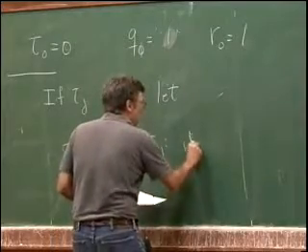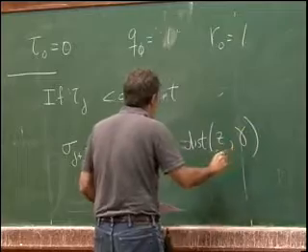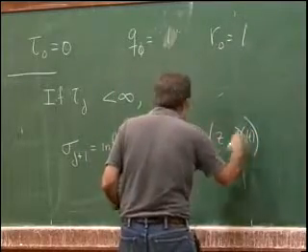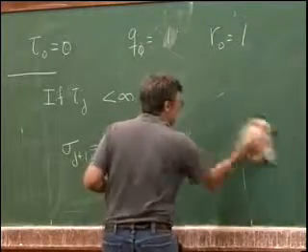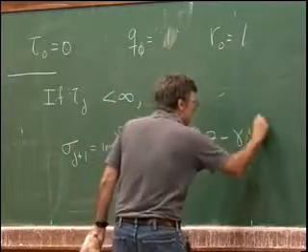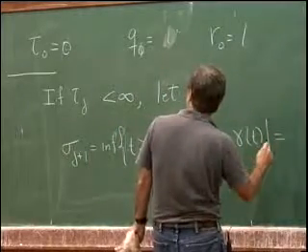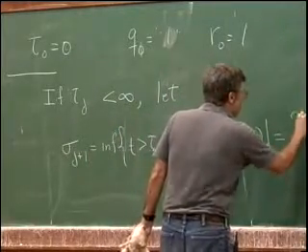So the distance from Z to gamma of t, Z minus gamma t, is equal to Qj over 2.